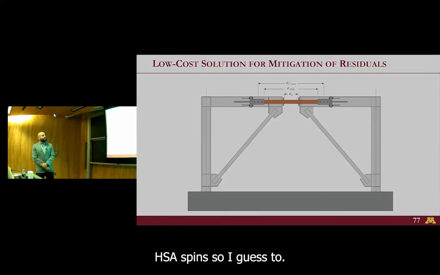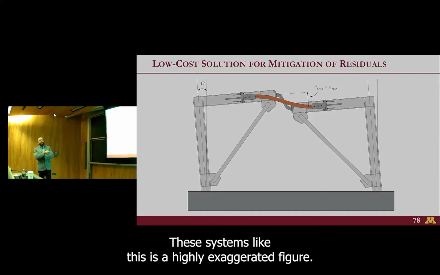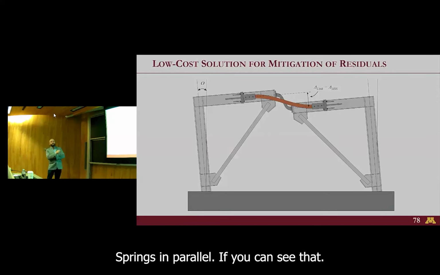So I guess in a nutshell, this is the system. And when it deforms, the elastic element or these HSSs, this is a highly exaggerated figure, obviously. This is longer, so it doesn't yield as quickly as the link. And they're basically two springs in parallel, if you can see that.